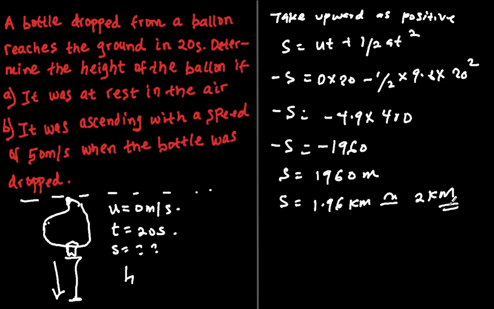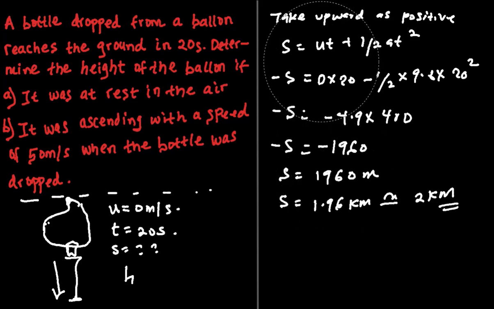So now the second question says, find the height of the balloon if it was ascending with a speed of 50 meters per second. Now it is because of this second question that I make use of this Cartesian plane, because it's going to come into play when we are solving the second question. So now let's solve the second question.